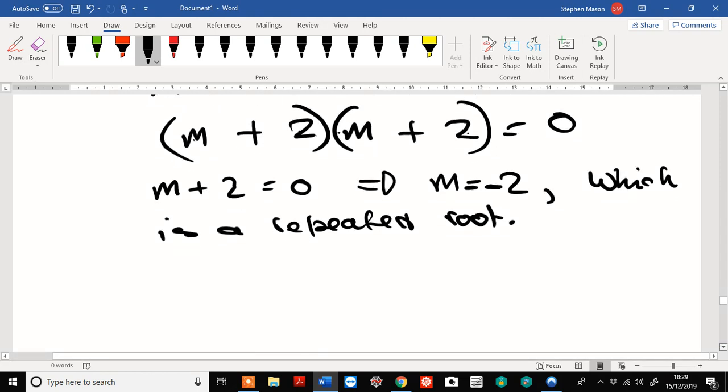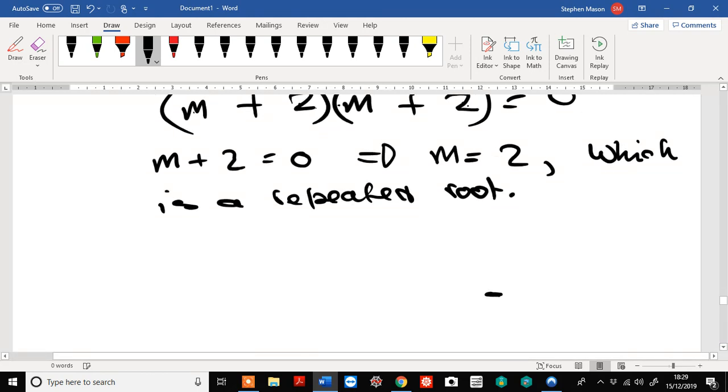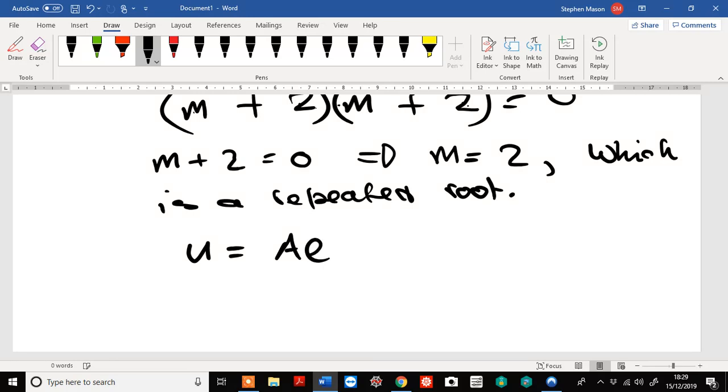So for a repeated root, u is equal to a e to the mt, or at least that would be one of the values, m1, but in this case m1 and m2 are the same, so we'll just leave that as it is.